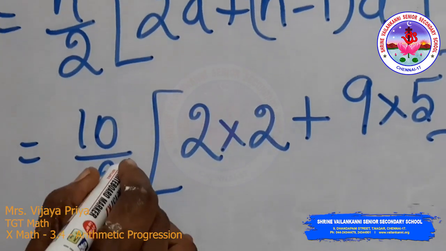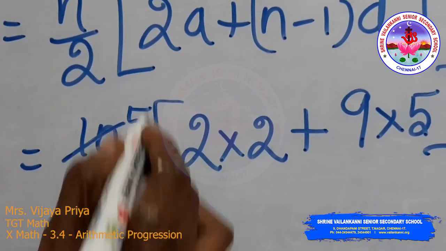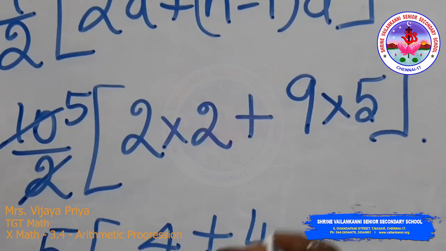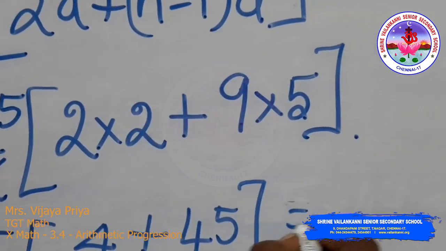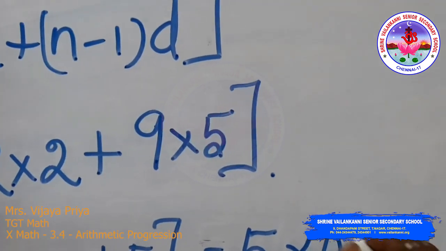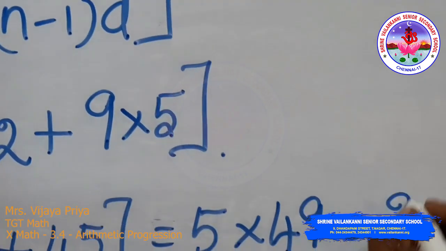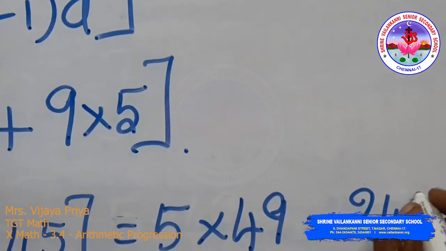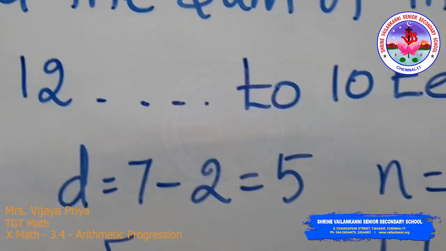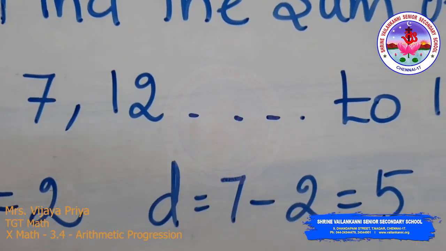Which is equal to 10 divided by 2, which is 5, into (4 plus 45). So that is 5 into 49, which is equal to 245. Hence the sum of the first 10 terms of the given sequence is 245.